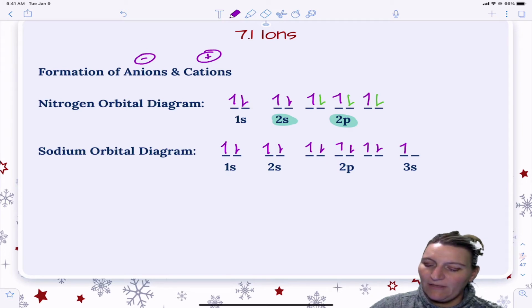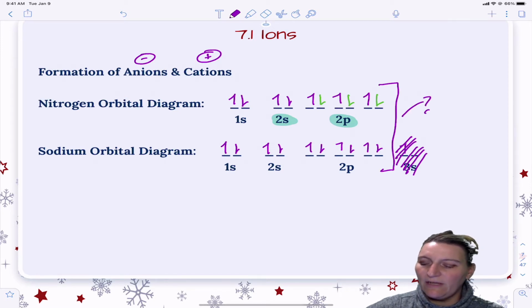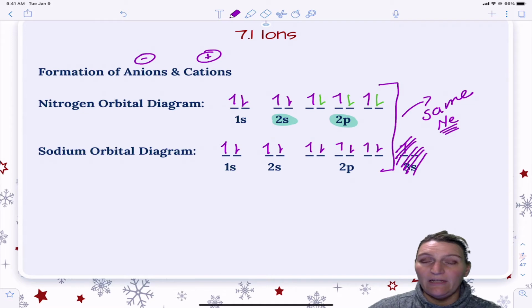So what happens is this electron goes away. And now if we look at the electron configuration that's left over, these guys actually would have the same electron configuration as the element neon. Neon is, of course, a noble gas. If 2 elements have the same electron configuration, we call them isoelectronic, by the way.